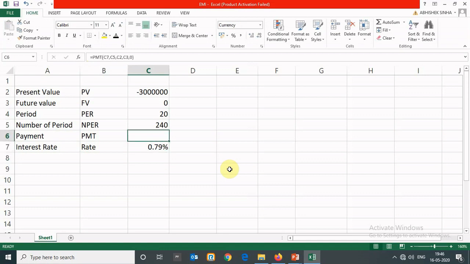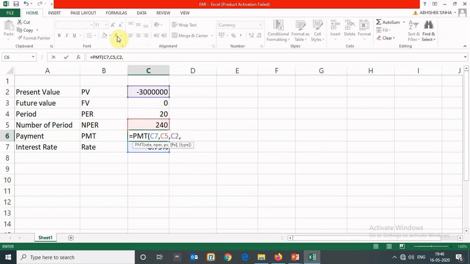So how will the formula be used? Let's do it. You write PMT and then tab. Then it asks for rate. So rate we will use this, comma, NPER, the number of periods, that is 240. Then present value, so it is minus 30 lakhs, suppose.